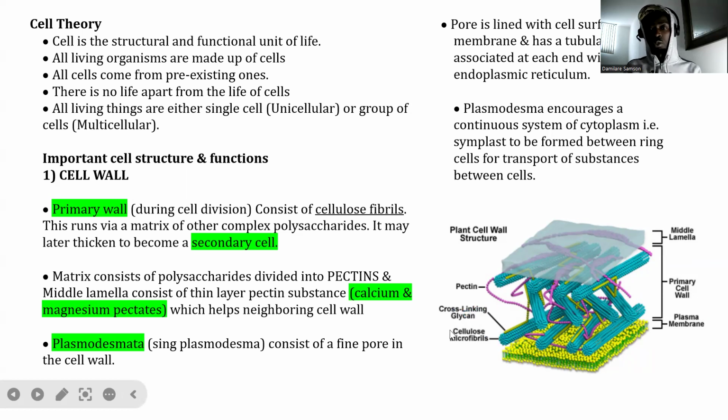Glycan is a type of carbohydrate. This is also pectin here. As you can see, the network of transportation of materials, linking things together, and also strengthening the whole cell wall.